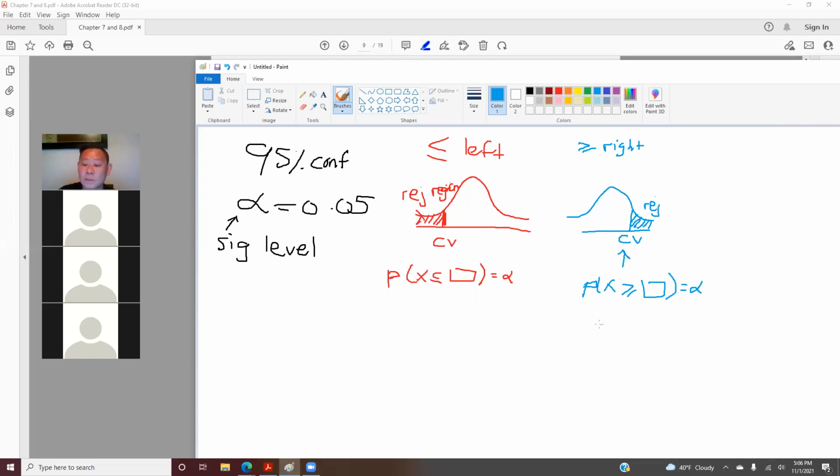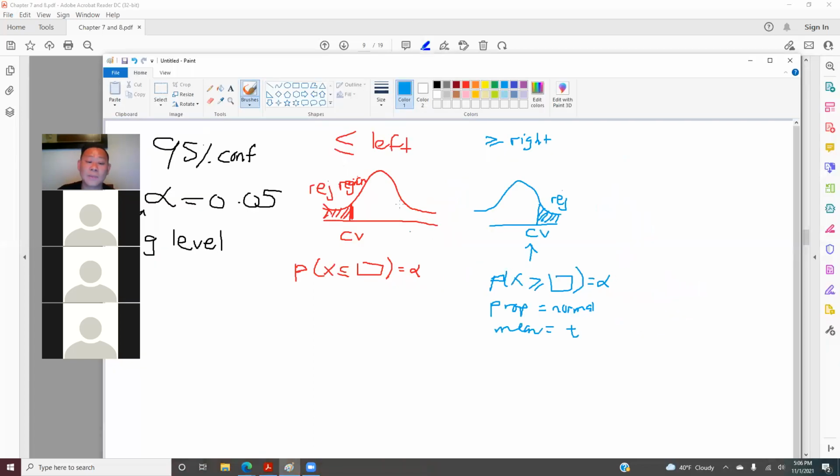Again, if you are using a proportion, we use the normal calculator. If you're doing a mean, we use the t calculator. Same thing on the left side: proportion, you use normal; mean, you use t.